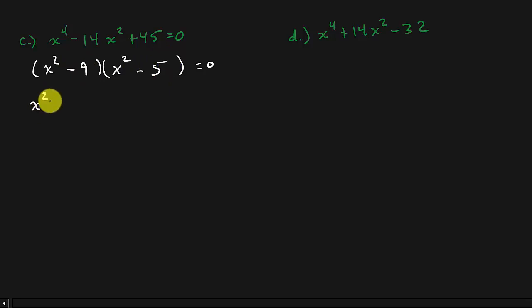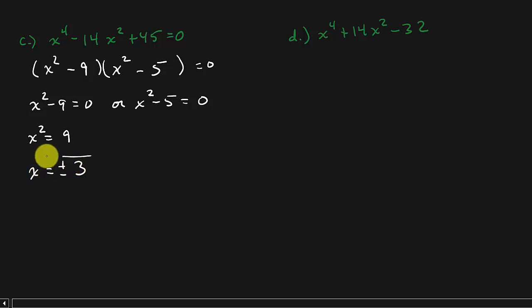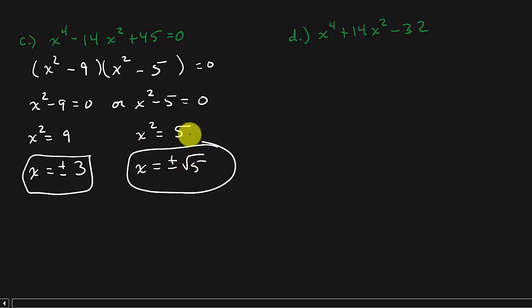And so x squared minus 9 equals 0, or x squared minus 5 equals 0. Square root property, right? So x squared equals 9. X is equal to plus or minus 3. Here, x squared equals 5. X equals plus or minus square root of 5.